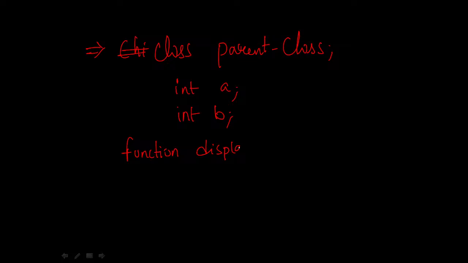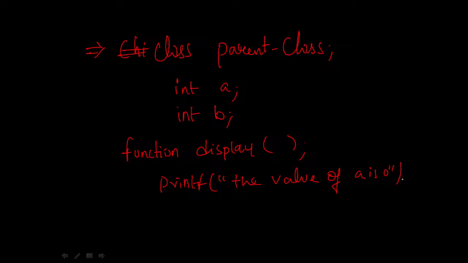It will display something, let's say printf, the value of a is 0. Like this, it is printing something: the value of a is equal to 0. Then end function and end class.